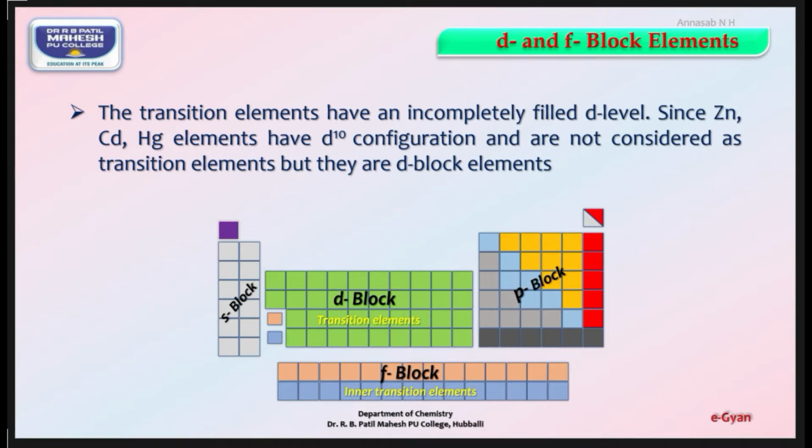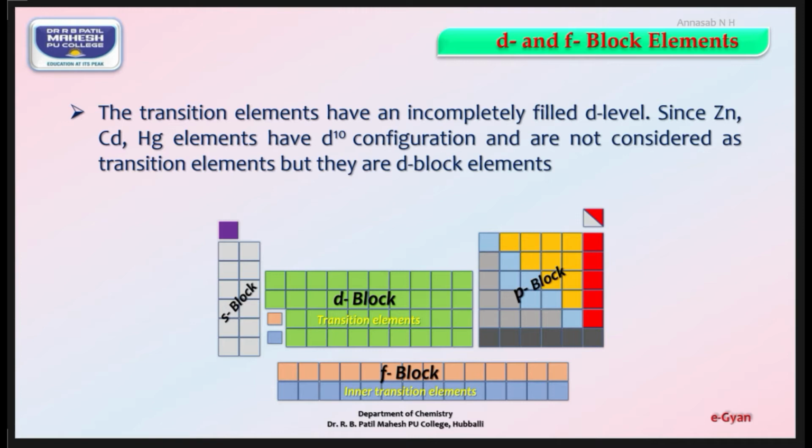That is the definition for D block element or transitional element. But there is an exception with respect to zinc, cadmium and mercury. These elements have D10 configuration and are not considered as transition elements, but they are D block elements.